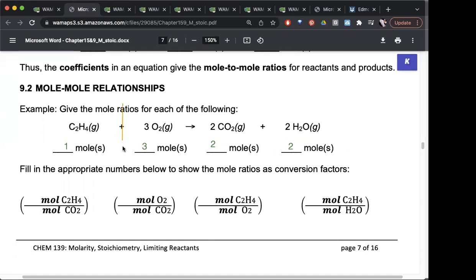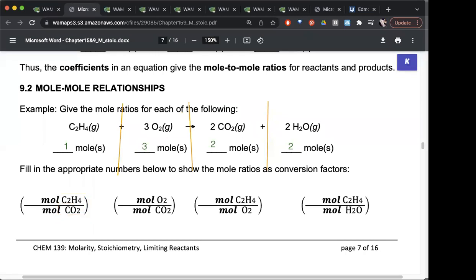If we make columns for each of these things between each of the reactants and products, anytime you want to cross through the equation, cross one of those lines, you are going to need to be in moles. You're going to need to change the label. Right, so here's the label, from one chemical to another.